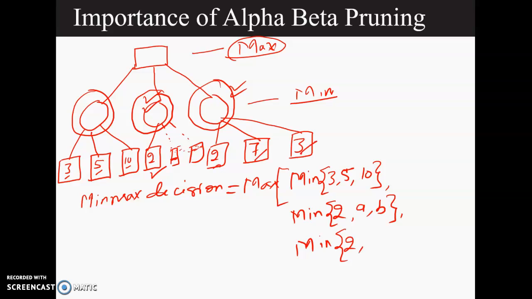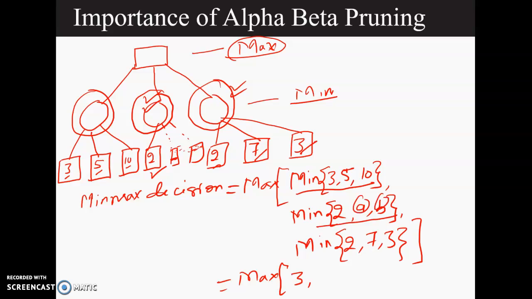And then this. So here max. From this we will get minimum is 3. From this, since these two values are unknown, so I am selecting C as minimum, and from this we will get 2 as a minimum.